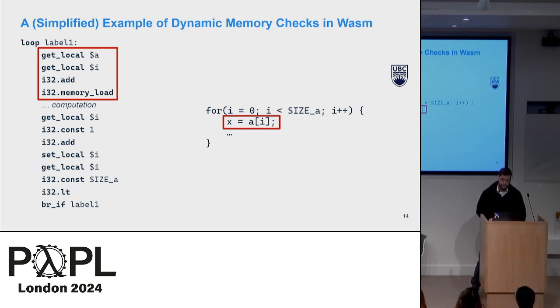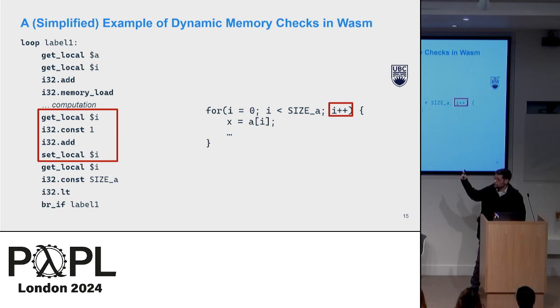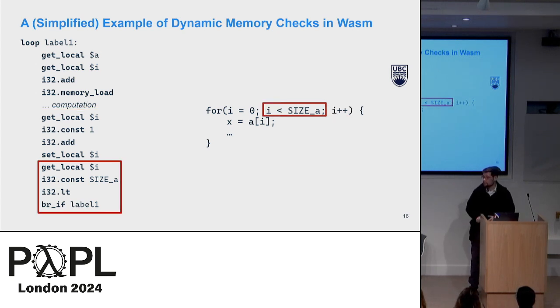We have the code that will load the loop iteration variable, add 1 to it, and then set it back, which will increment it. And finally, we have the code to get the local, check whether it's less than the size of the array, and if it is, we continue the loop. And one thing I should say is that Wasm is a stack-based language, so all of these instructions are pushing values onto or consuming values from the stack.